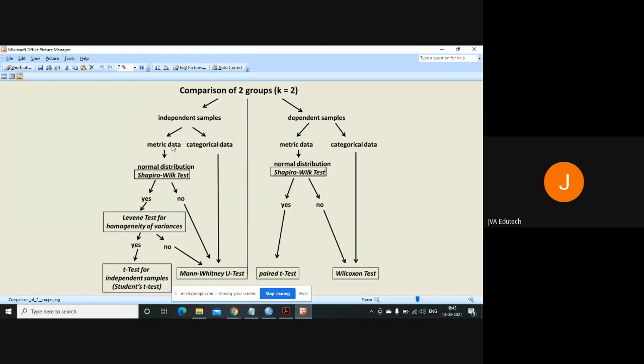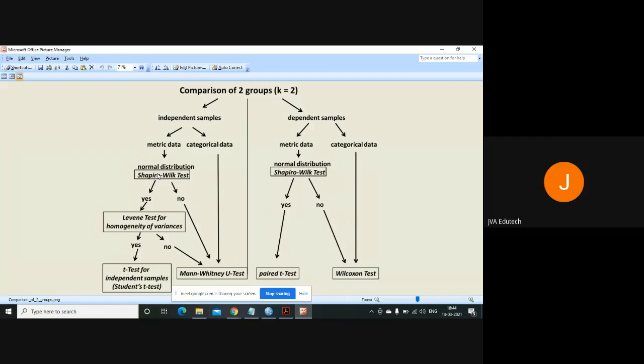If it is metric data, then you will test for normal distribution, whether the data is normally distributed or not. We will do a hands-on about how to check this normal distribution. Now, if your data is not following normal distribution, again jump directly to the non-parametric test.